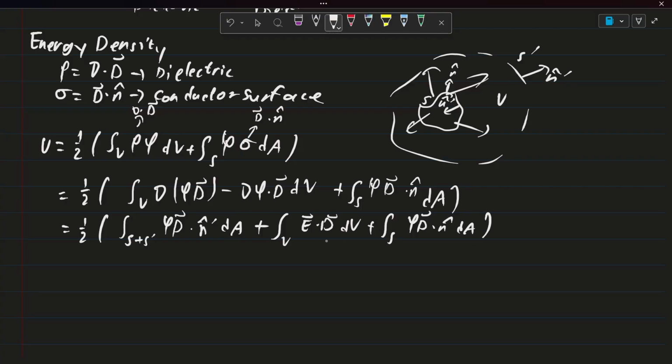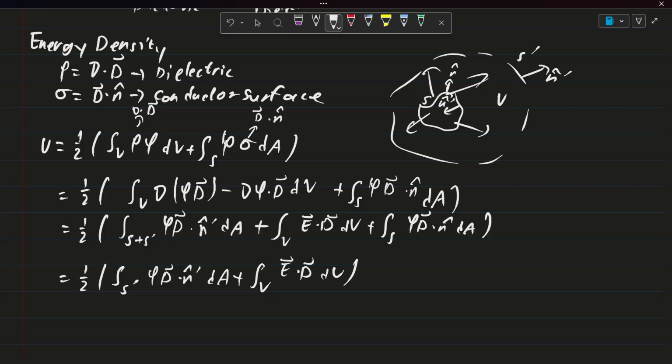Now, if you notice here that one of them is surface plus the surface prime, and the other one is just surface, and noticing that the n hat here are opposite directions, this would mean that you could simplify this into half times the integral of S prime phi D vector dot n hat prime dA plus the integral of the volume of E vector dot D vector dV.